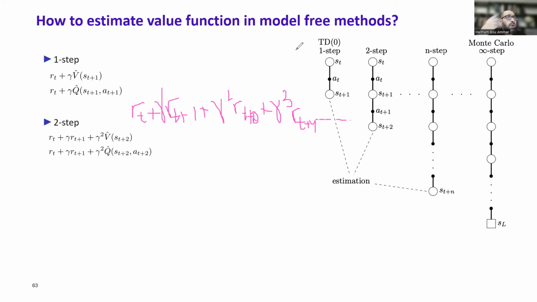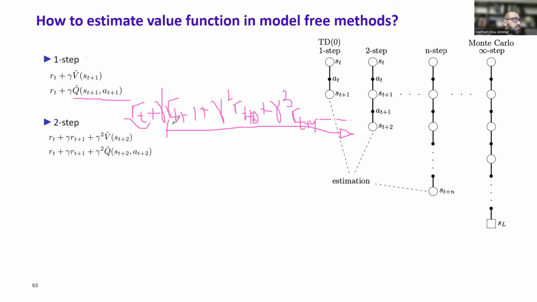Now, all we are really saying is that if I'm working with one step, I'm just interested in observing this reward, and then I try to have an estimate of the rest, which we call, for example, Q hat of S_{t+1}, A_{t+1}, or if you're working with value, V hat of S_{t+1}.